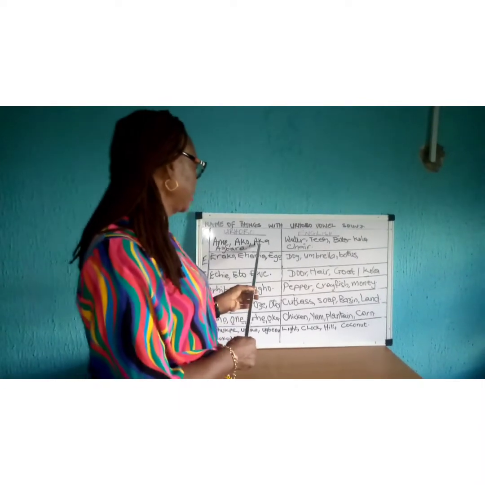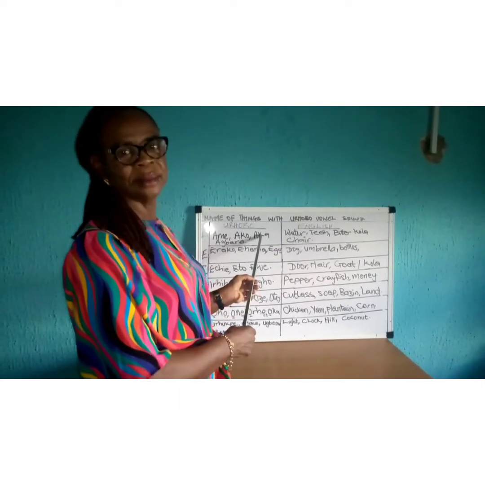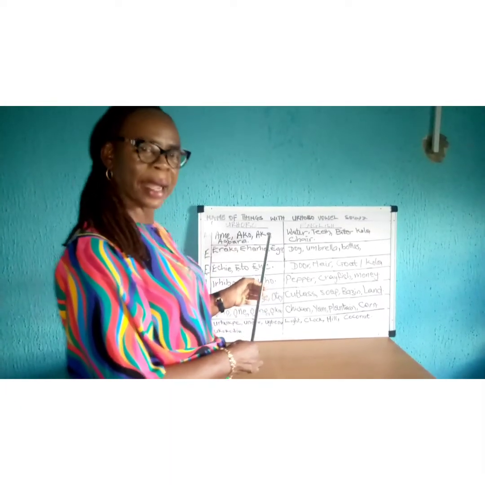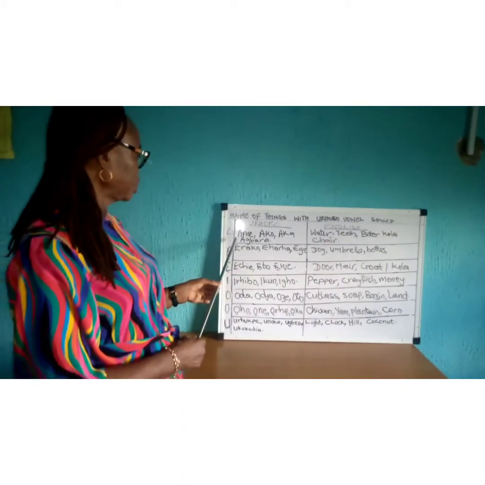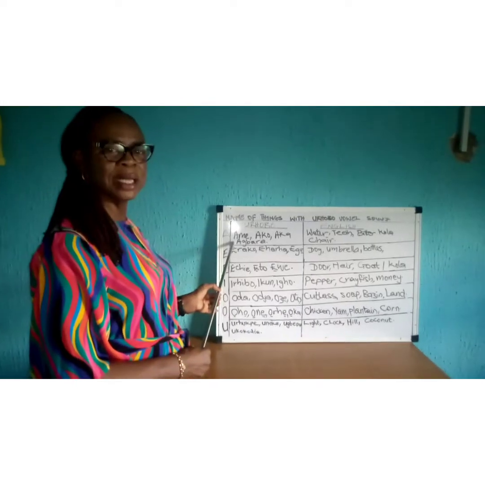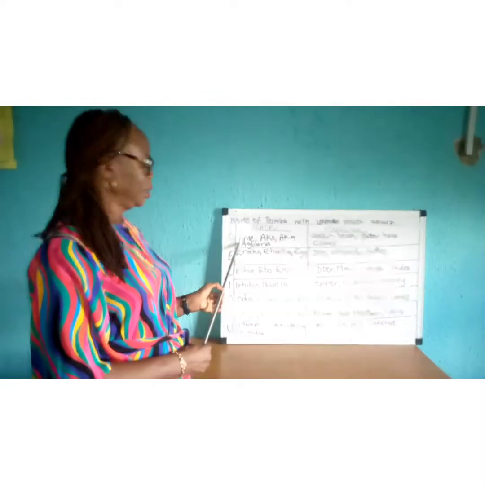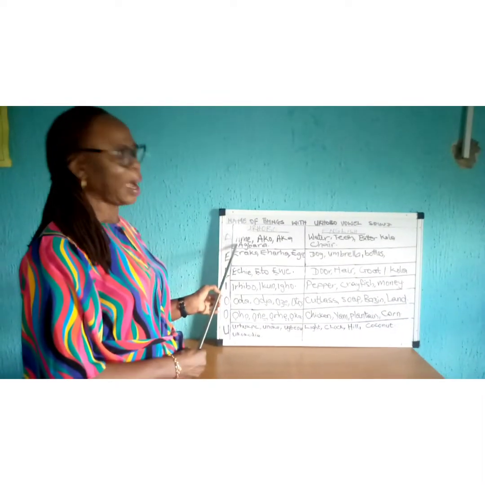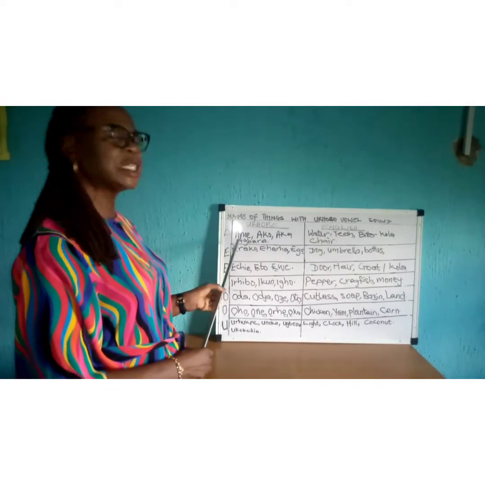Then number 3 here we have Aka. You can also hear the sound of A in Aka. Then the last one here we have Agbára. You can also hear the sound of A in Agbára. So these are not the only words.